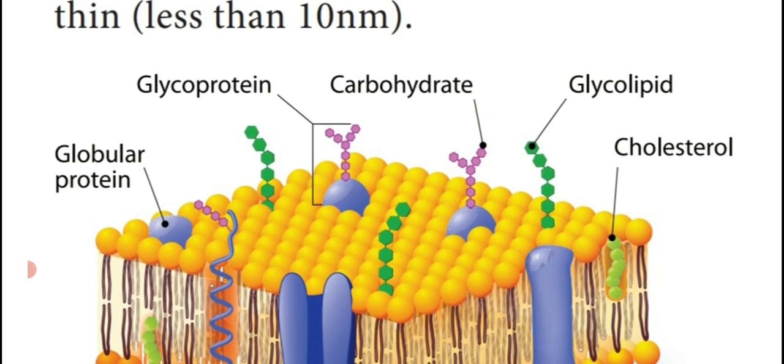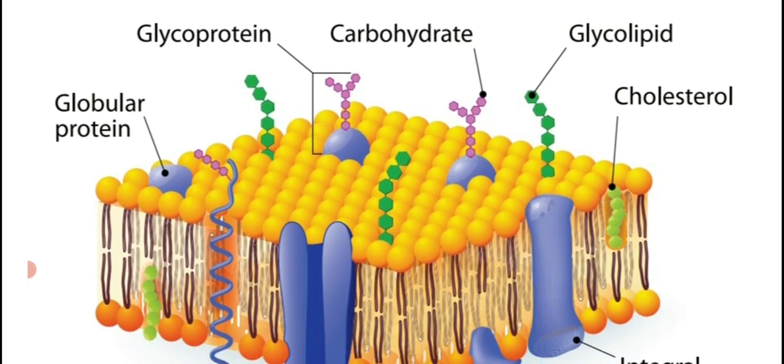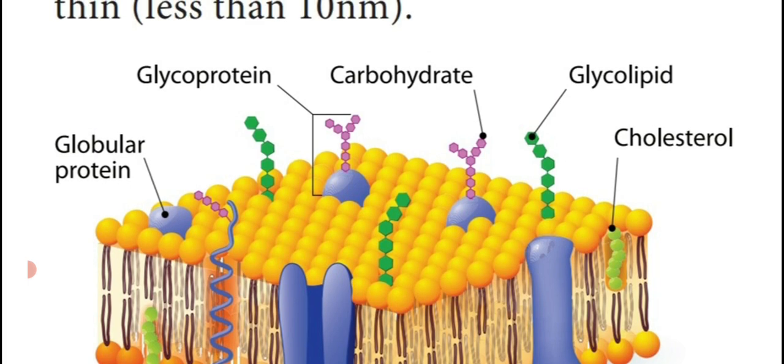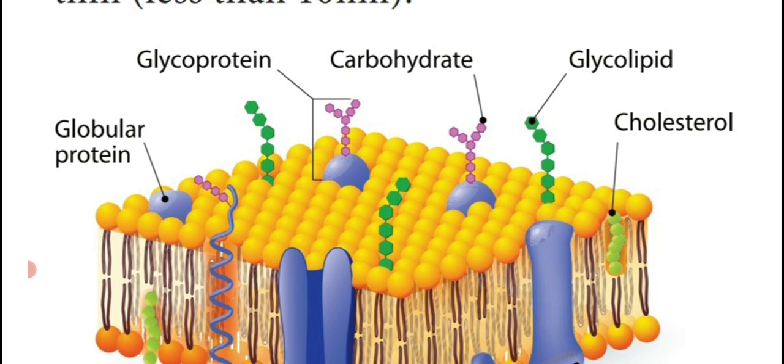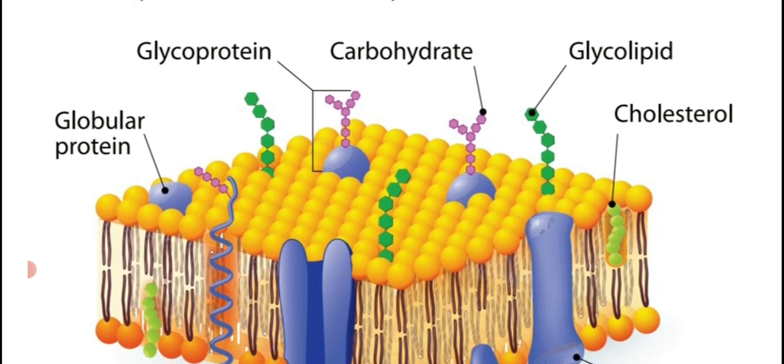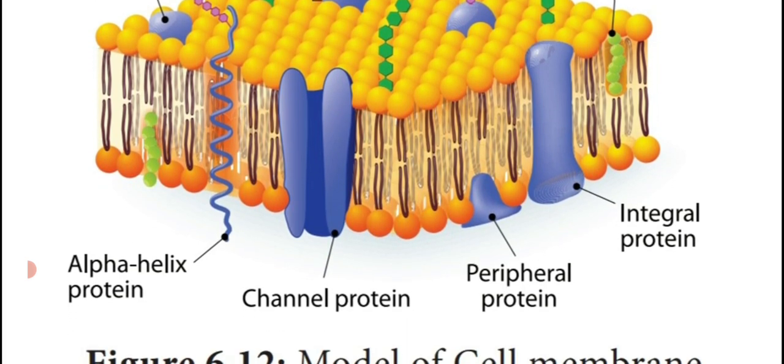Dear students, this is the diagram showing a model of the cell membrane. The cell membrane is made up of lipoprotein substances, lipid and protein molecules. These protein molecules are also divided into different types.